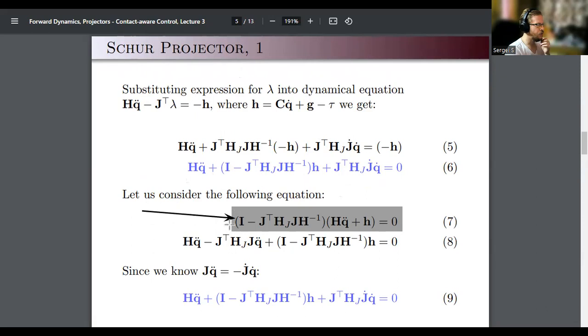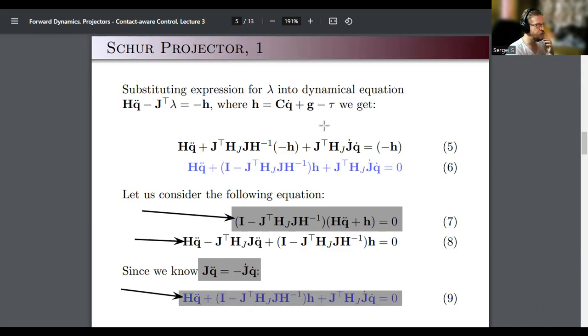Then, by simply manipulating this equation, opening the brackets first, and then using this constraint equality, with perfectly legitimate manipulations, I get this equation into this form. So I prove that those two are exactly the same.